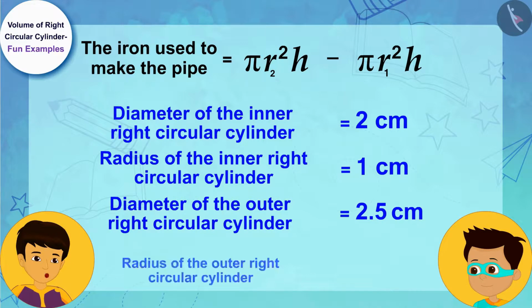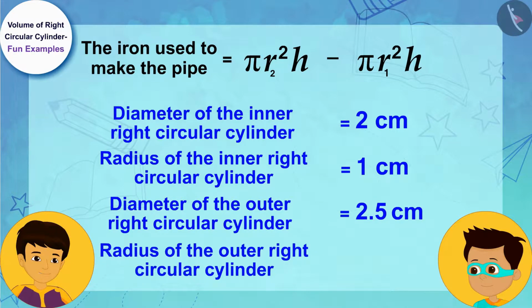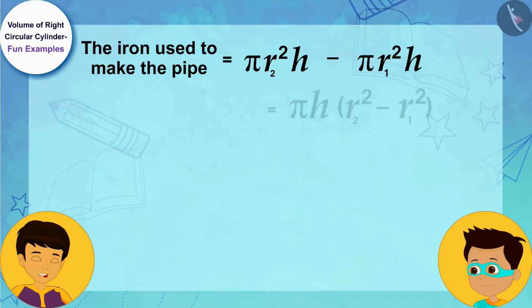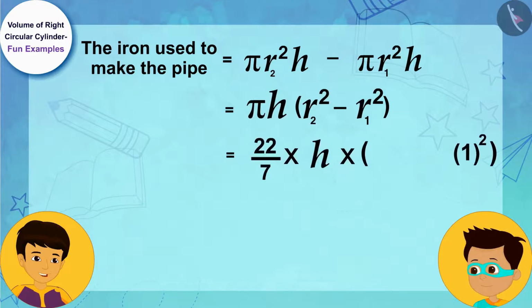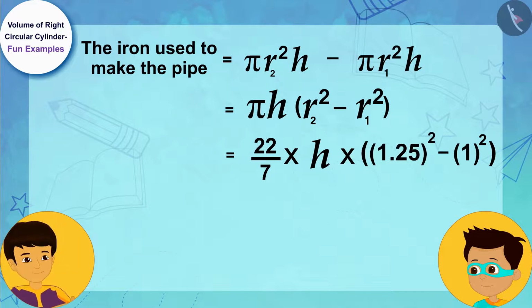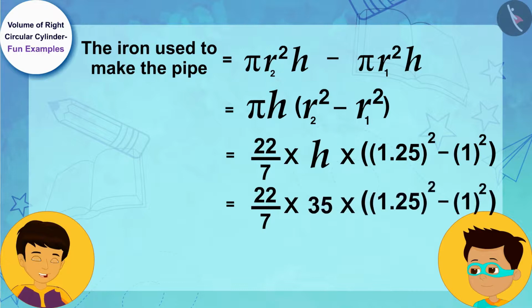This means its radius will be 1.25 centimeters. Let us now write the radius of the inner cylindrical part 1 centimeter instead of r1 and radius of outer cylindrical part of the pipe 1.25 centimeters instead of r2 respectively. And then also write the height of the pipe 35 centimeters instead of h.